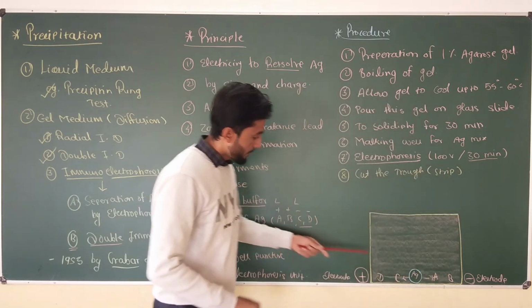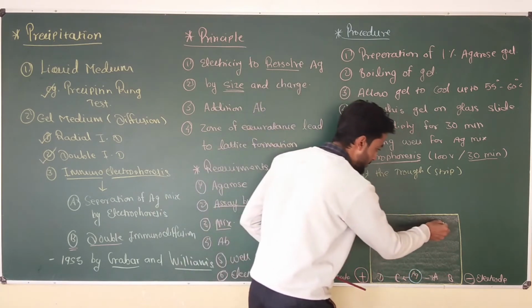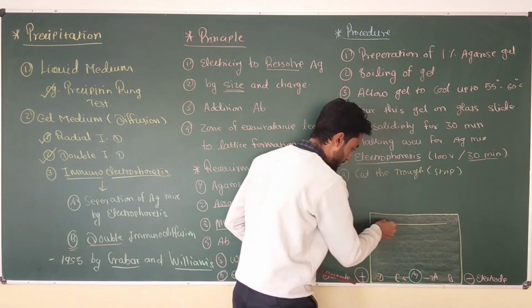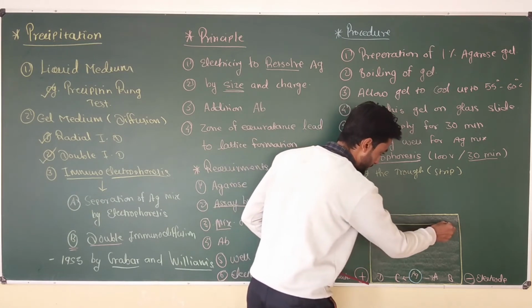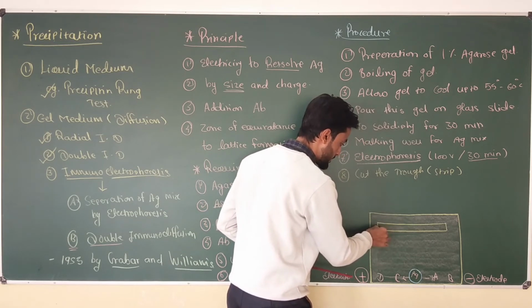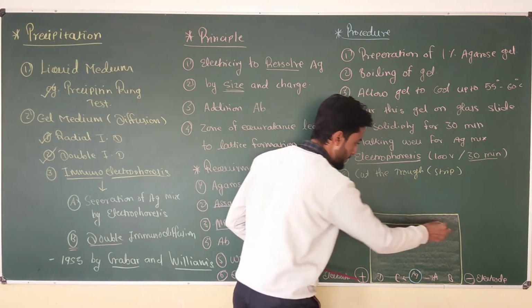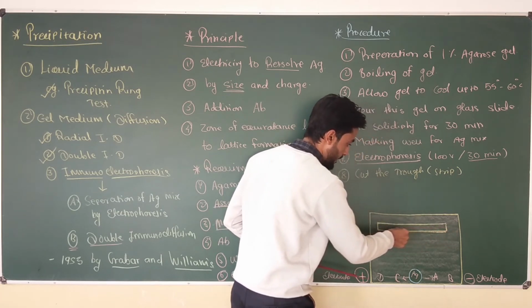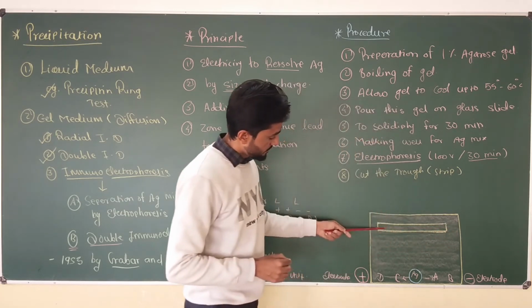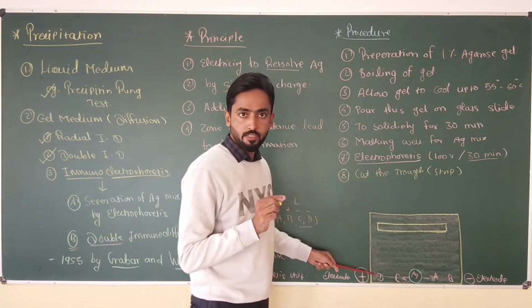Okay, so parallel to this migration line, we are going to cut the gel with the help of a gel cutter like this. We are going to take a thin slice of the gel like this, and this will always be parallel to the antigen migration line.